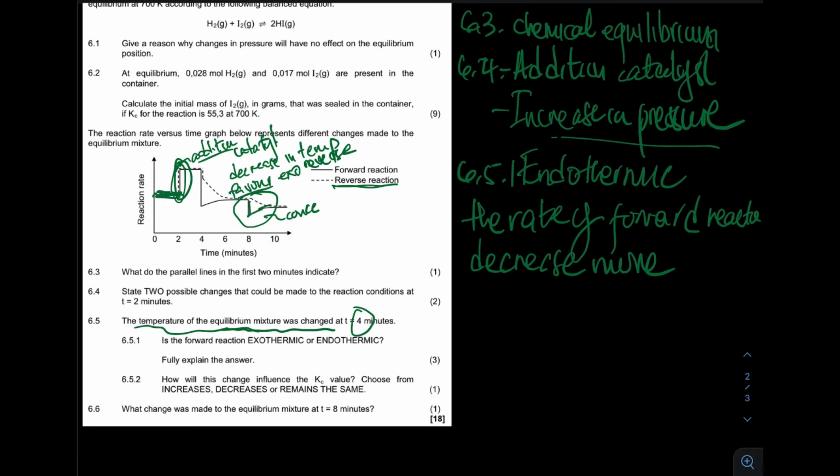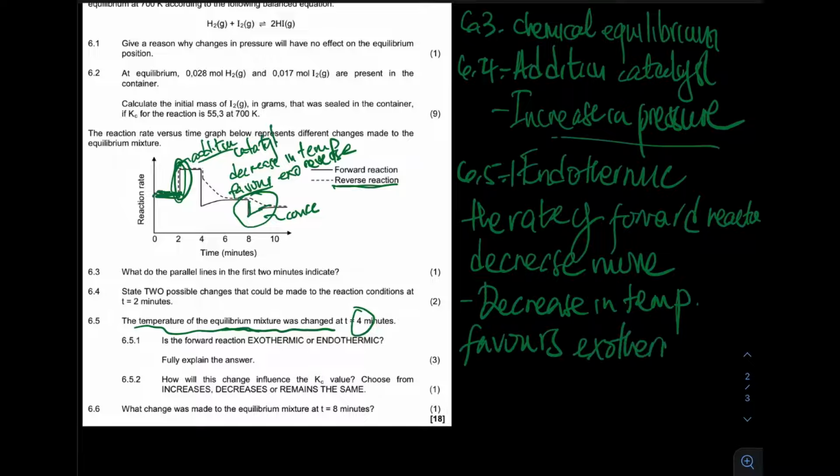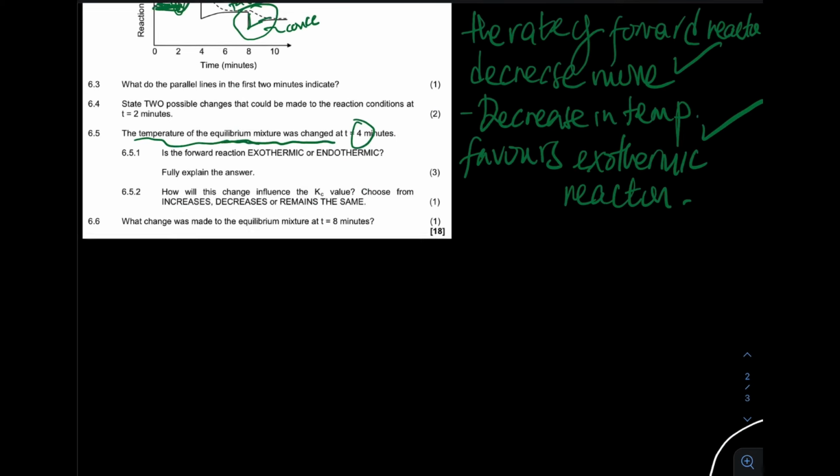And the secondary thing we can say is that a decrease in temperature favors what? A decrease in temperature favors the exothermic reaction, all the time. You get the 2 marks there. The 1 mark is for this, and the 2nd mark is for the points that you have made.